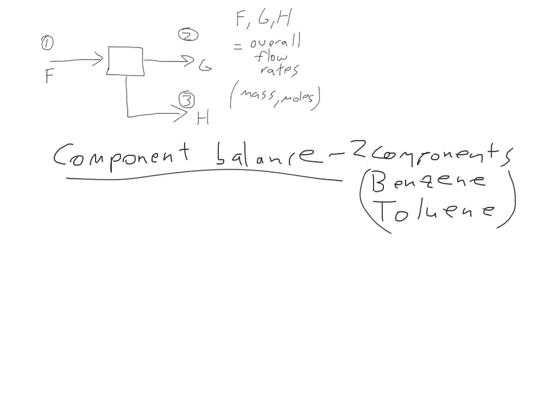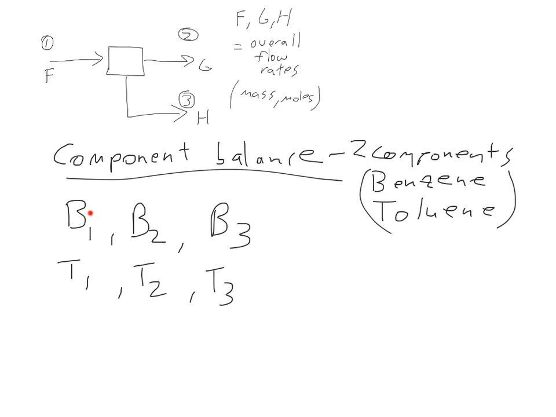We'll call these B1, B2, B3, T1, T2, T3. And these variables that I've defined can be anything. They don't have to be B and T. I just chose B and T because they match benzene and toluene, but they can be any sort of variables. And in this case, B1 just represents the flow of benzene in this first stream.